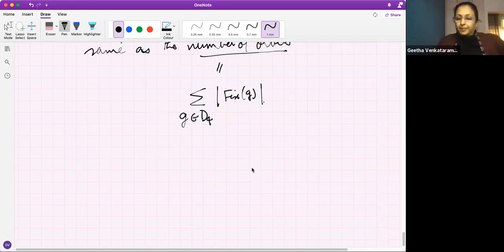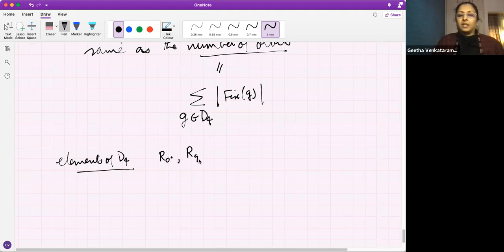So that's our aim. What are the elements of D4? We have 4 rotations: rotation 0 degree, rotation 90 degree, rotation 180 degree, and rotation 270 degree.